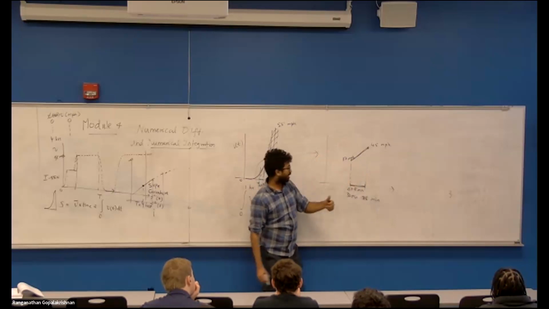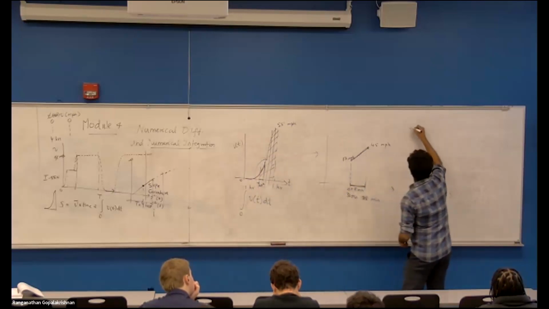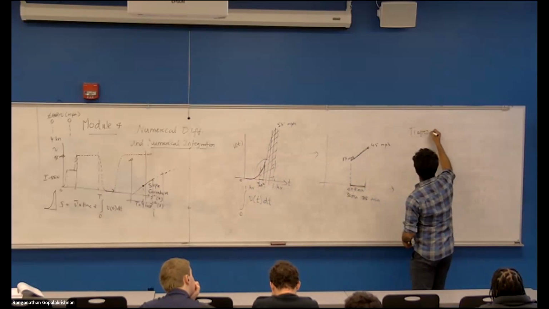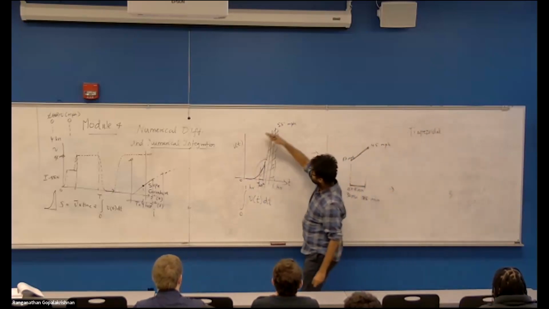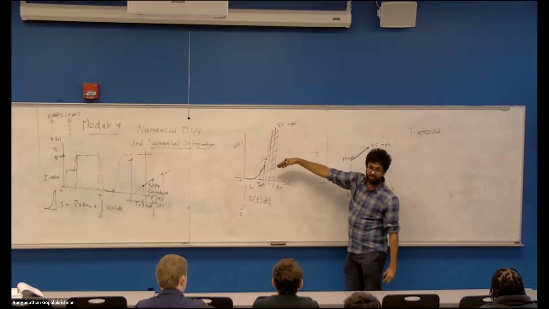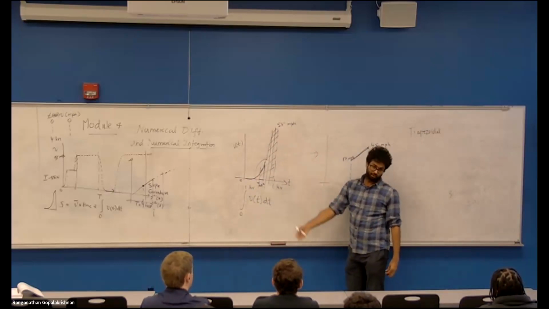This is the trapezoid, and the process of segmenting your domain into small, finely divided trapezoids is called the trapezoidal rule.